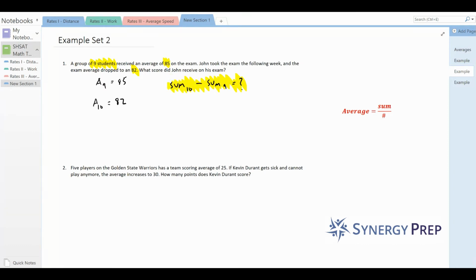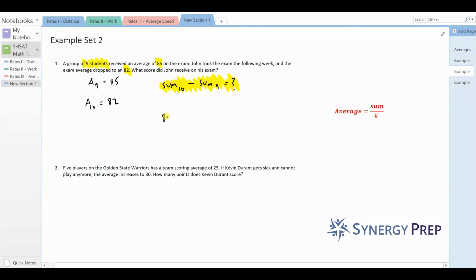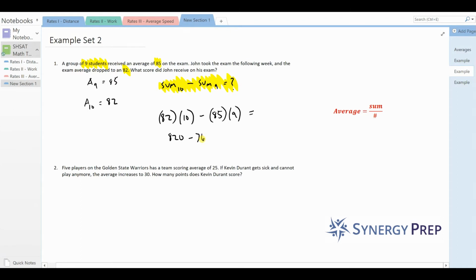Now, all you have to do is to find the sum. It's average times the number, right? I'm not going to have to really show the equation. So the sum of 10 students will be the average, which is now 82, times total number of students, which is 10, minus 85 times the original 9 students. 82 times 10 will give you 820, and 85 times 9 gives you 765.